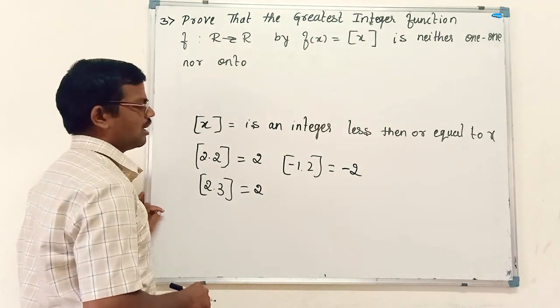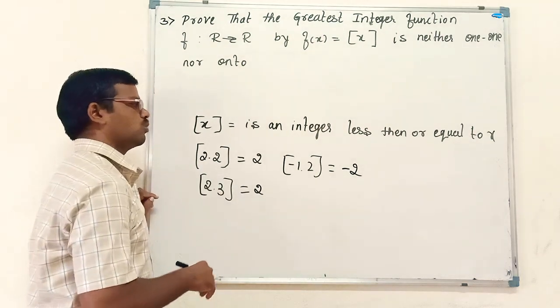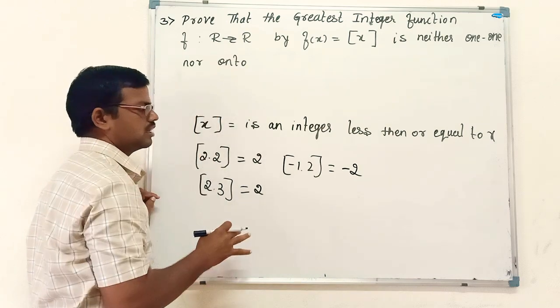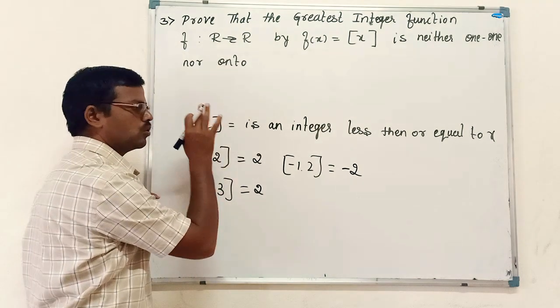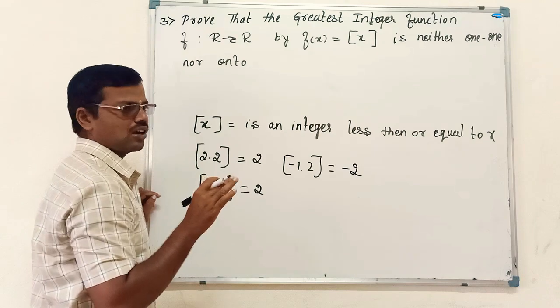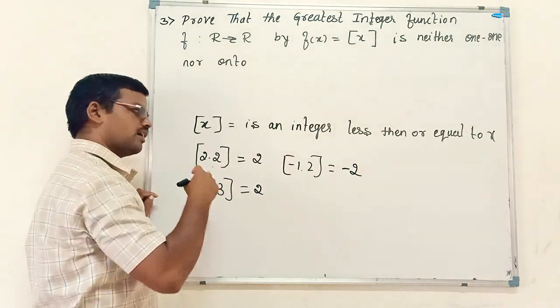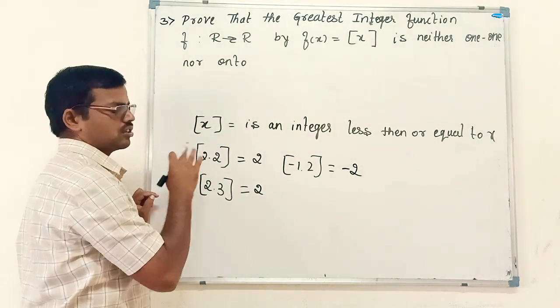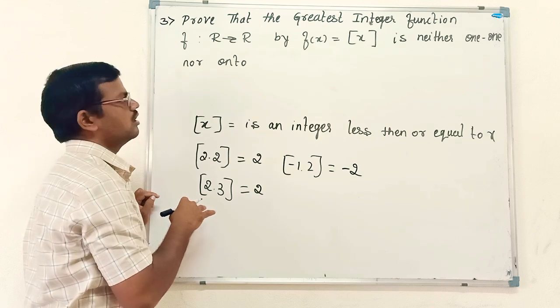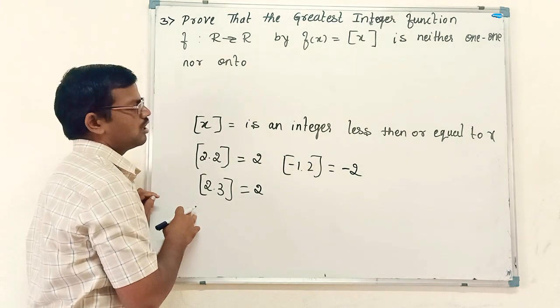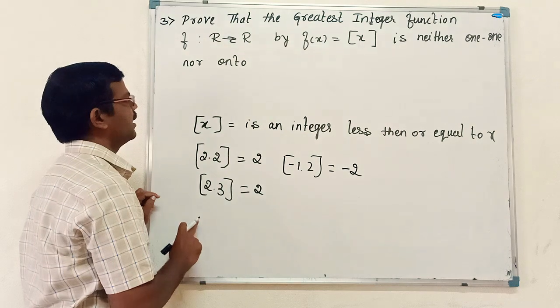We have already studied in the first year the greatest integer function, its domain, codomain, range, everything, and its graphical representation. Now we have to discuss one-one and onto.